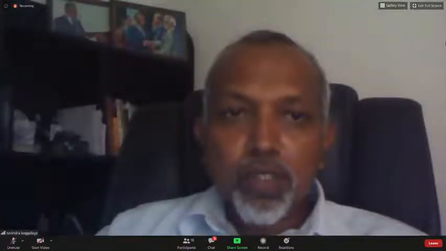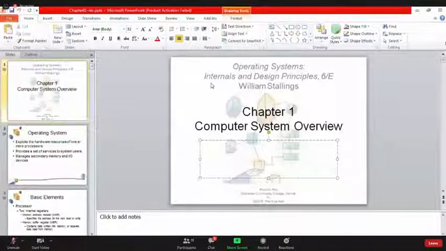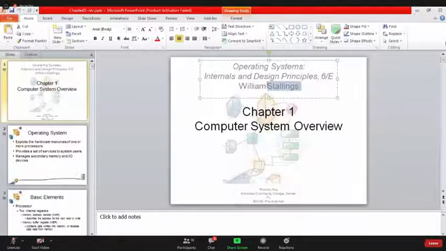Okay, sharing screen. Can you see it now? The book is Operating Systems: Internals and Design Principles by William Stallings.